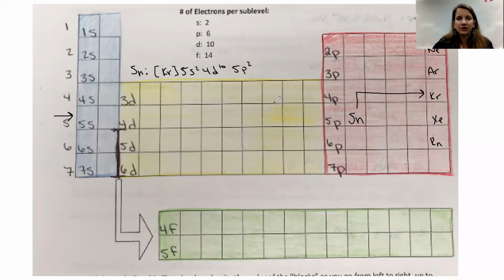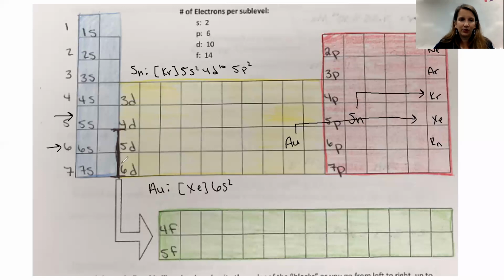Okay, so let's look at a different example. Let's say we have, let's do something for fun, gold, right down here. Gold, if we look 1 row up and all the way to the right, xenon is going to go in brackets. That takes care of the electron configuration up through xenon. Gold is in row 6, so we're going to start writing our electron configuration at 6s2.